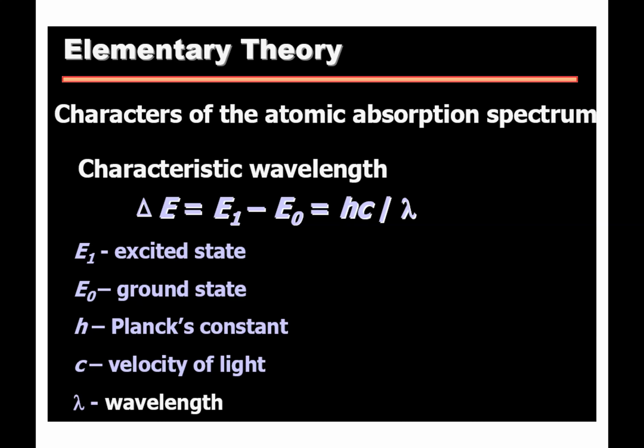Delta E equals E1, the excited state, minus E naught, the ground state, equals hc over lambda, the Planck's constant, you know the number, 6.26 times 10 to the minus 34 joule second. And then the velocity of light. So from here, you can calculate the wavelength. We know the wavelength, you can measure it, and then we can use it for analysis.